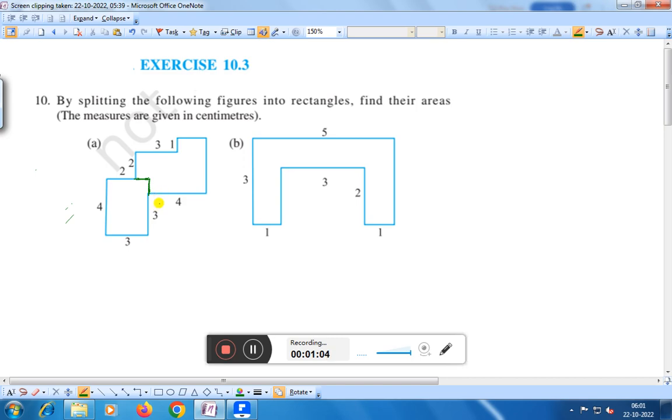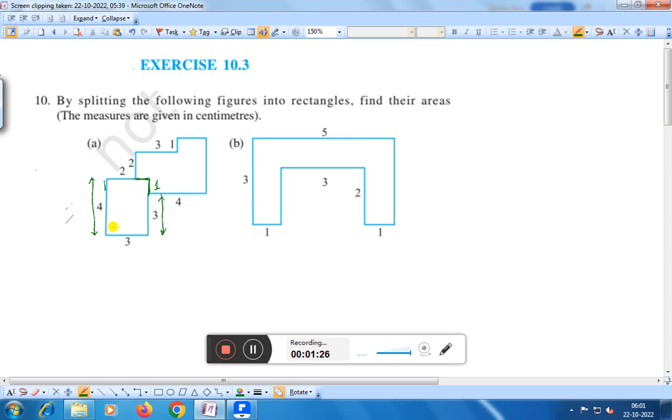Here you see the length of this line is 3 centimeter, and the length from here to here is 4 centimeter. Therefore this one will be 4 minus 3, that is 1 centimeter.